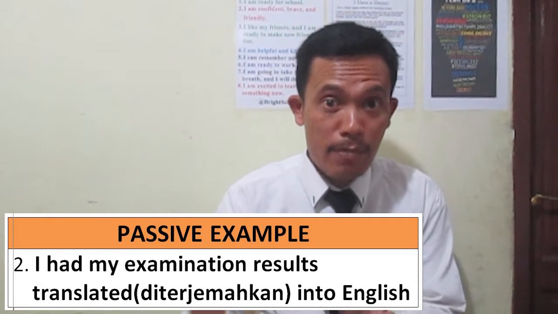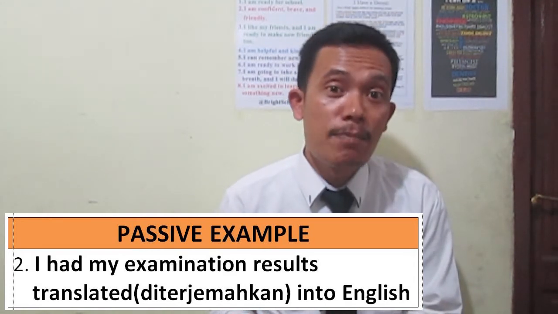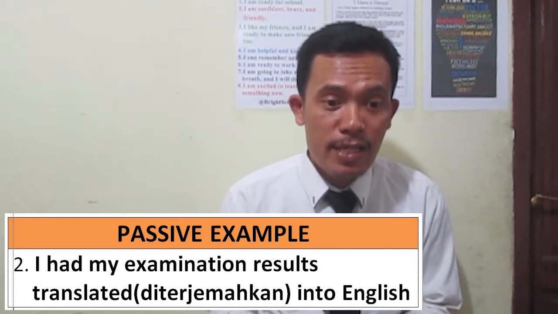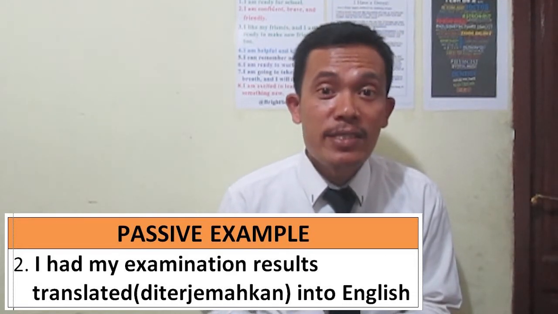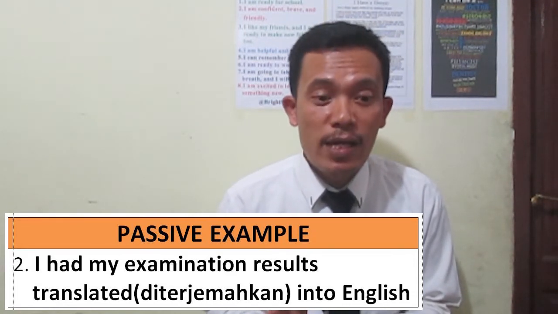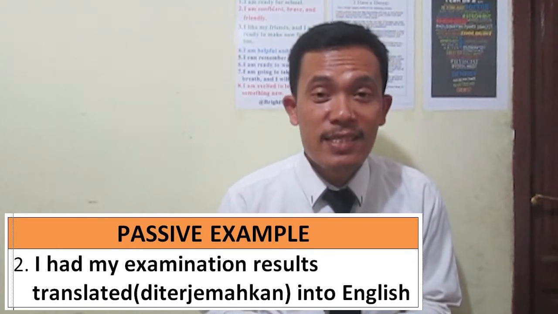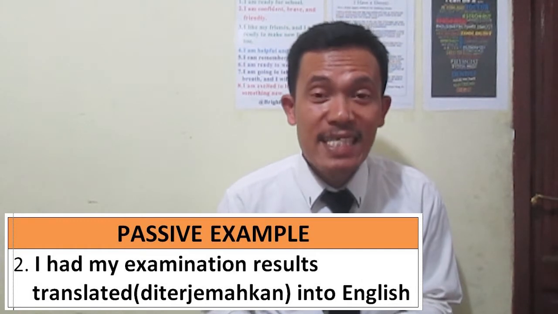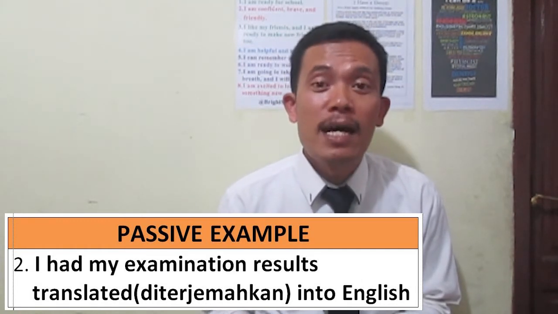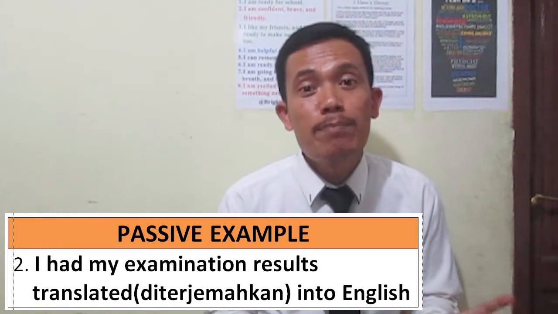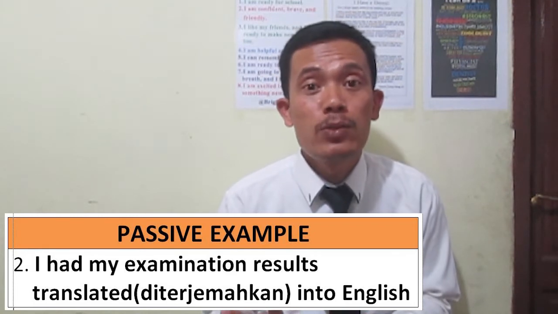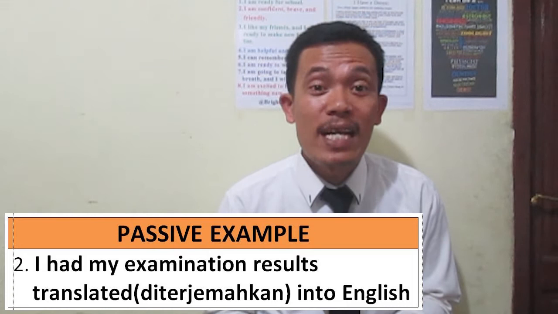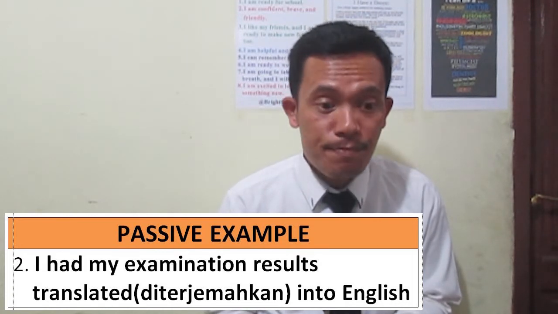Jadi ingat, my examination results adalah objek daripada kalimat tersebut. Once again, I had my examination results translated into English. Jadi translate berubah menjadi translated into English, diterjemahkan ke dalam bahasa Inggris. Dimana kalau bentuk pasif, kata kerjanya harus berbentuk kata kerja ketiga, atau dalam bahasa Indonesia berawalan di ataupun ter.